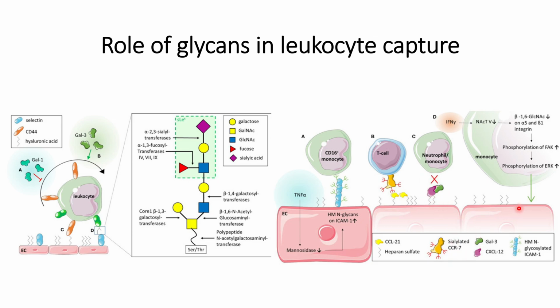And in the last case, when monocytes are stimulated with interferon gamma, that will lead to GnT-V enzyme degradation, and it will cause a decrease in glycosylation.